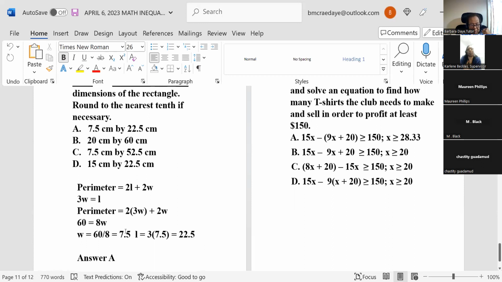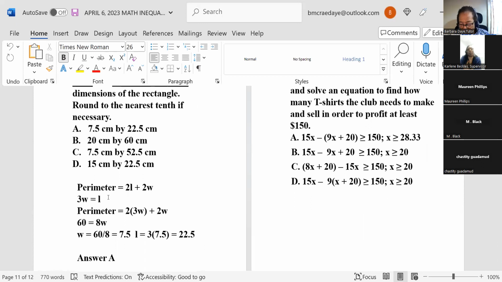If the width is 7.5, the length is 3 times as long. Yes. So we multiply that 3 by the 7.5, just like we defined it here, 3 widths is equal to the length. Got it? Thank you.